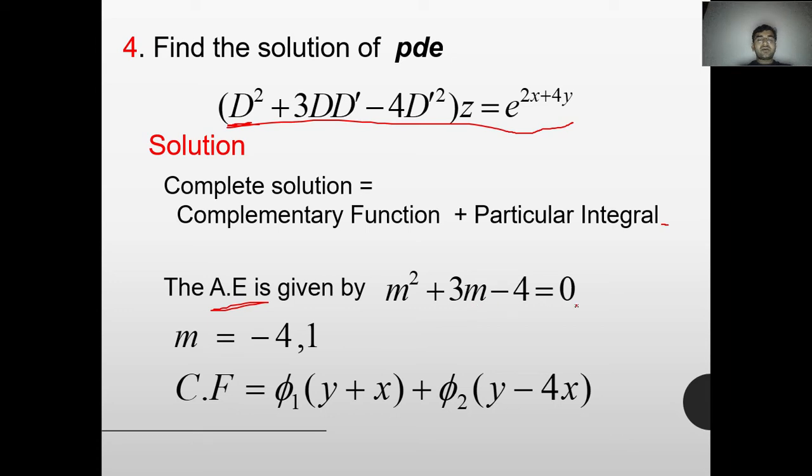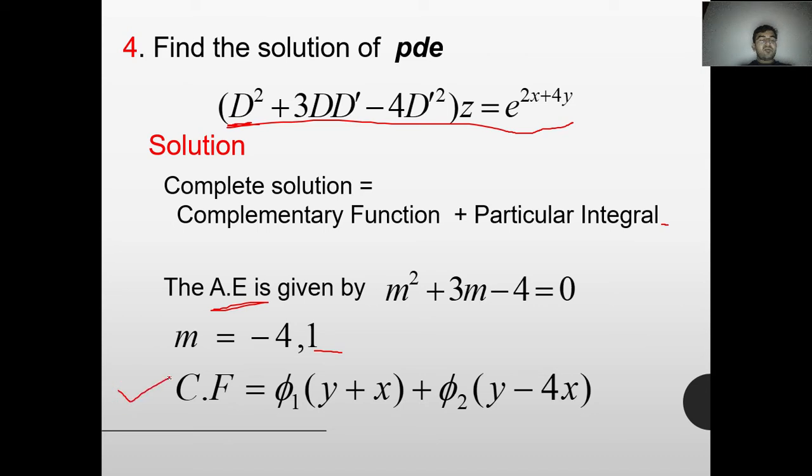Solving this auxiliary equation, we get the roots m is equal to minus 4 and 1. So the complementary function is equal to phi 1 of y plus mx, with m equal to 1, and phi 2 of y plus mx, with m equal to minus 4. So this is the complementary function.